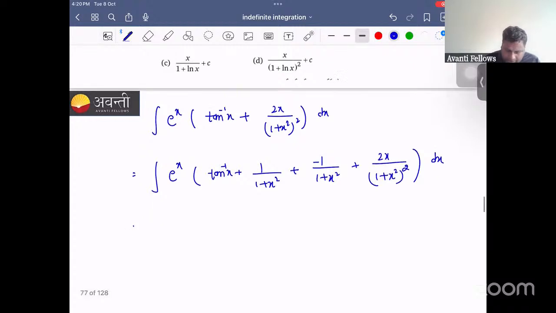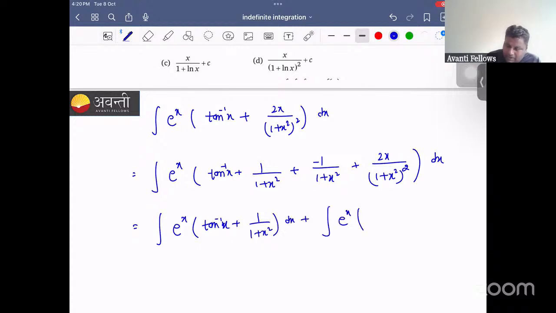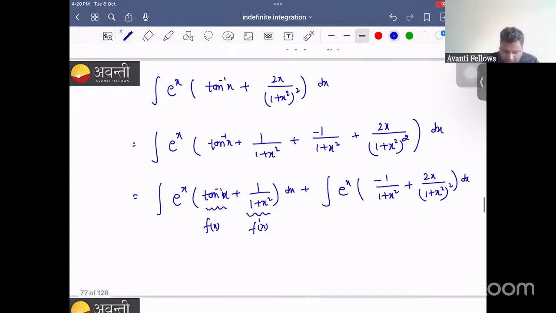And the other term is 2x upon (1 plus x square) whole square dx. Now this results into two parts: integration of e to the power x (tan inverse x plus 1 upon 1 plus x square) dx, plus integration of e to the power x (minus 1 upon 1 plus x square plus 2x upon (1 plus x square) whole square) dx. Now see, let us assume this is your f(x), then isn't this f'(x)? So the answer to this part will be e to the power x f(x), that is tan inverse x.